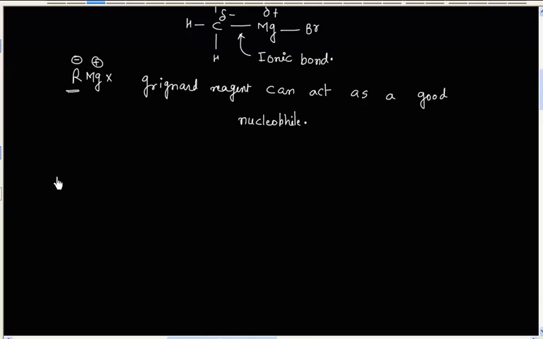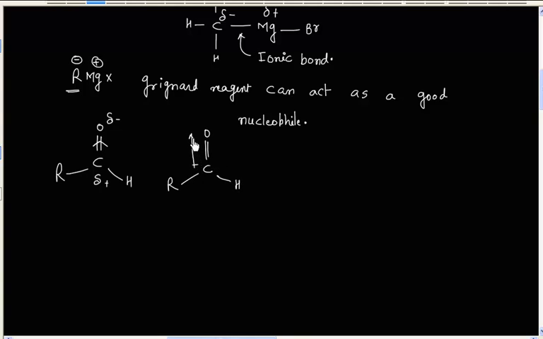Now if you see aldehyde RCHO, oxygen is more electronegative than carbon. So the electron cloud is shifted towards the oxygen side. Oxygen will develop a negative charge and carbon will develop a positive charge. Basically this bond is polarized, that is, this bond will have a dipole moment.